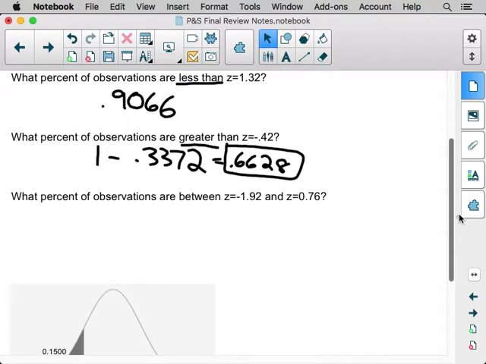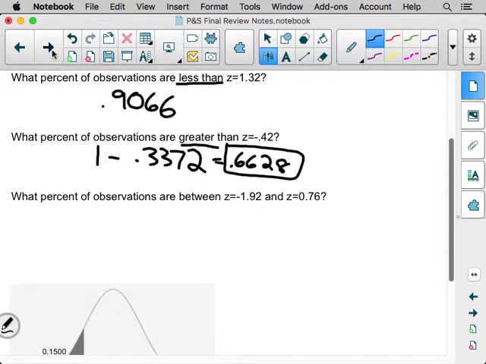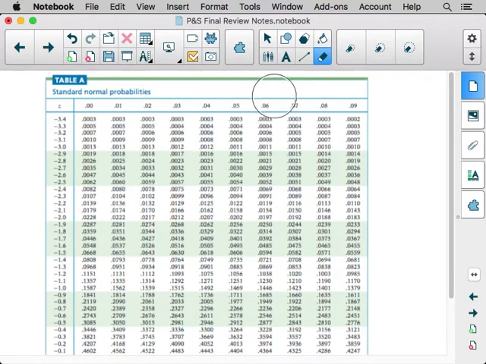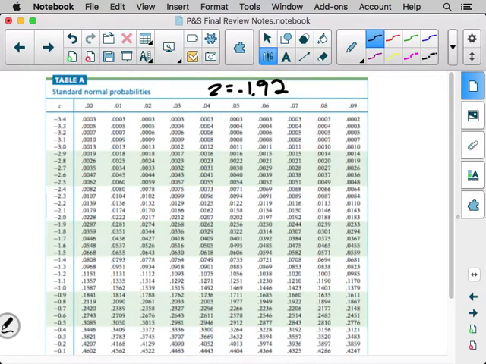For the between ones, so between a z of -1.92 and 0.76, let's start with that -1.92. So I'm going to go to the negative side. Z -1.92. Again, this tells me to go down to the -1.9.